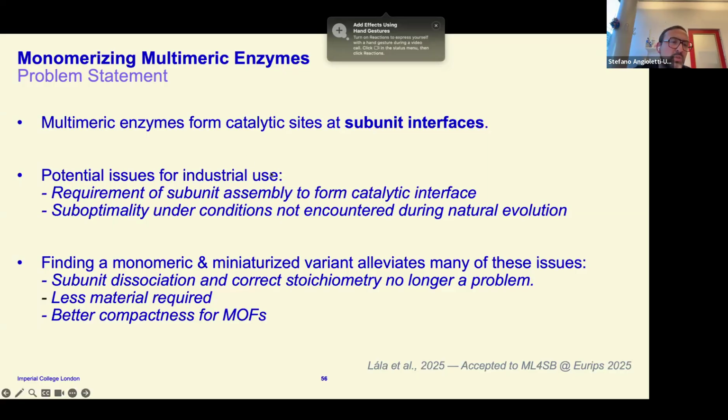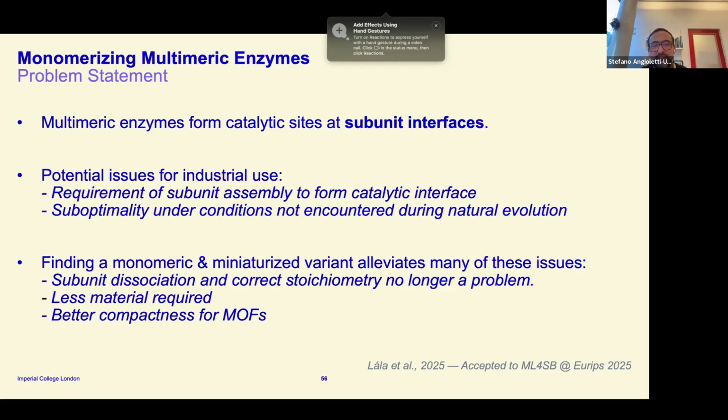The problem is that if you want to use this enzyme for industrial use, for the enzyme to be functional, the chains need to self-assemble in a specific structure. And sometimes it's difficult for the enzyme to self-assemble in a specific structure if it's not exactly in the condition that it's found in nature.